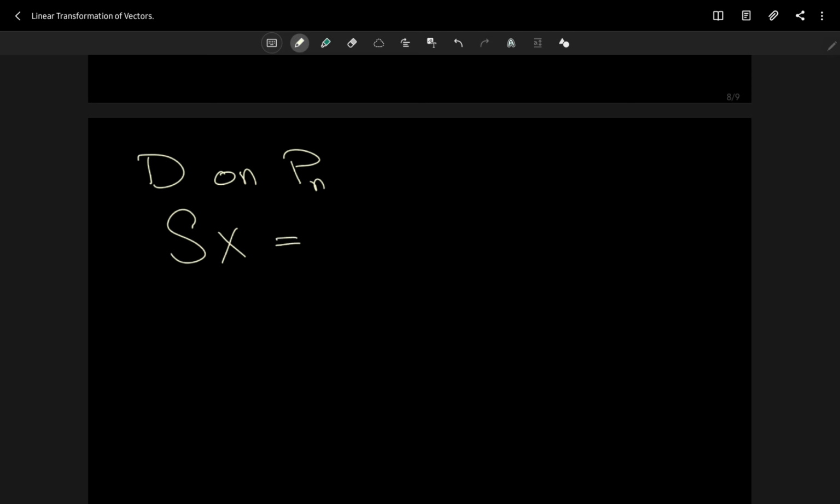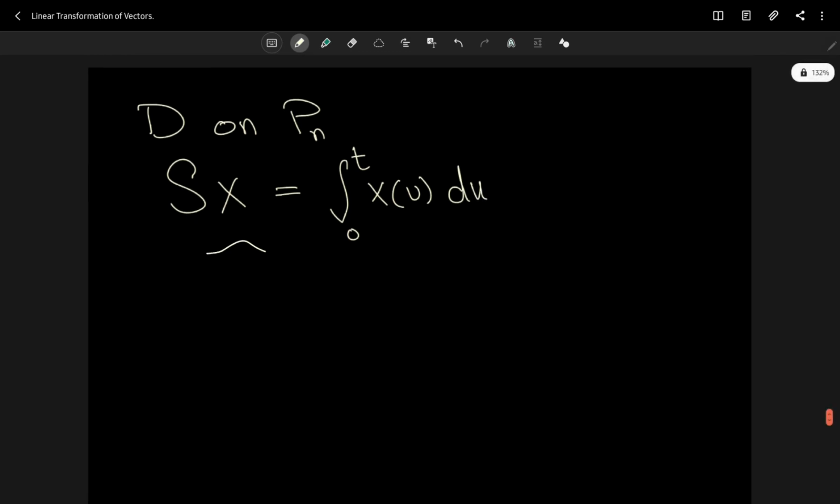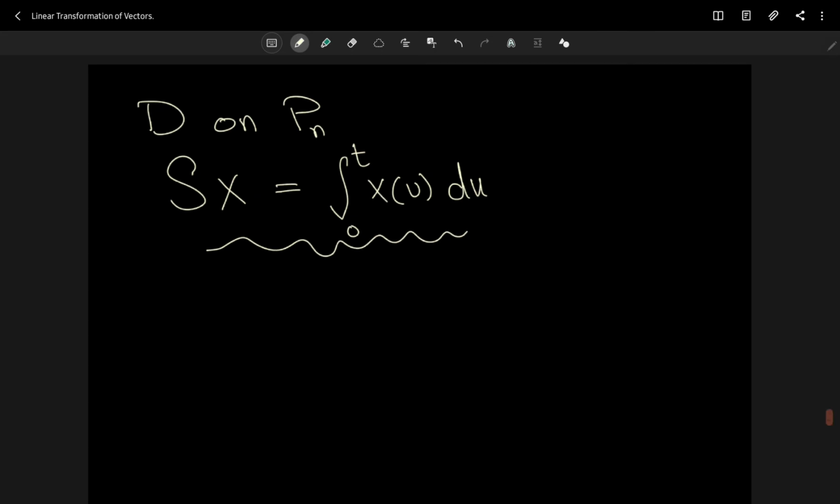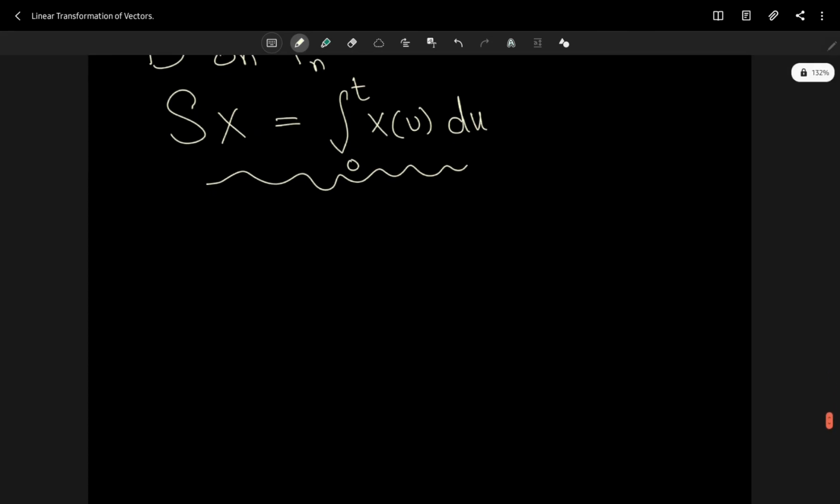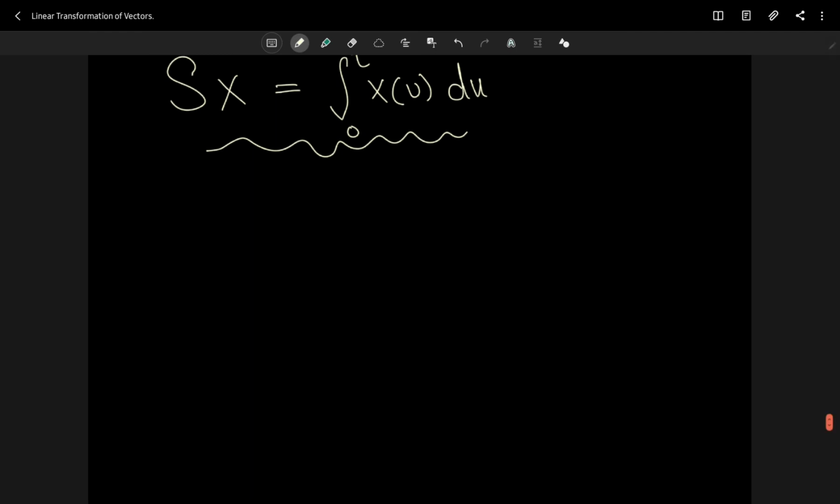What this is, it's the integral from 0 to t of some x that is a function of u, du, right? Okay, so we have just introduced this S of x, and now we'll consider, for example, we'll take P4, right?